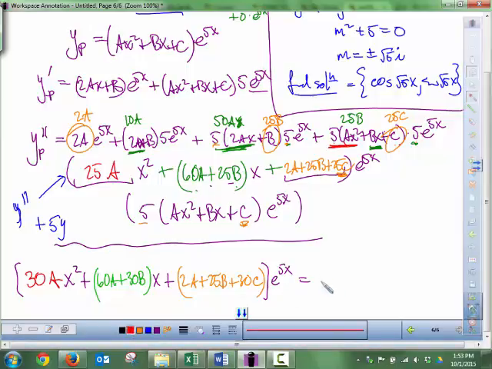The right-hand side is 180x squared times e to the 5x, plus 0 times x times e to the 5x, plus another 0 times e to the 5x.